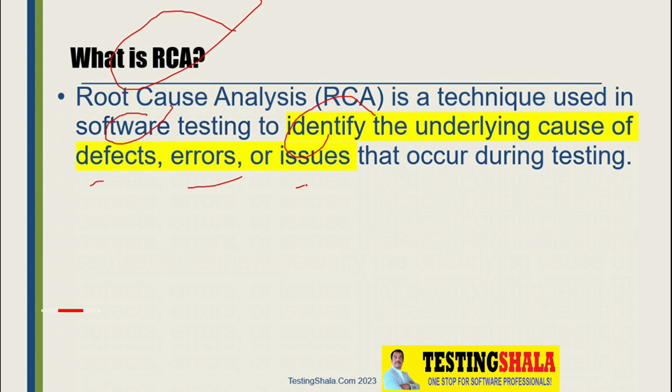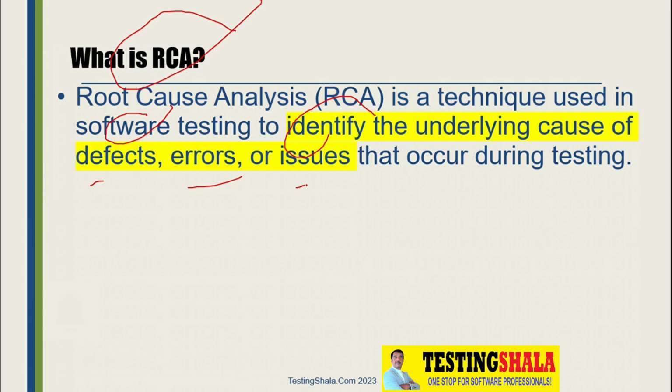Now we have to do root cause analysis: why we are getting more defects in certain places, or more defects in a certain phase of testing, more issues in a certain environment, or more issues from a particular tester, or more issues from certain software functionality.